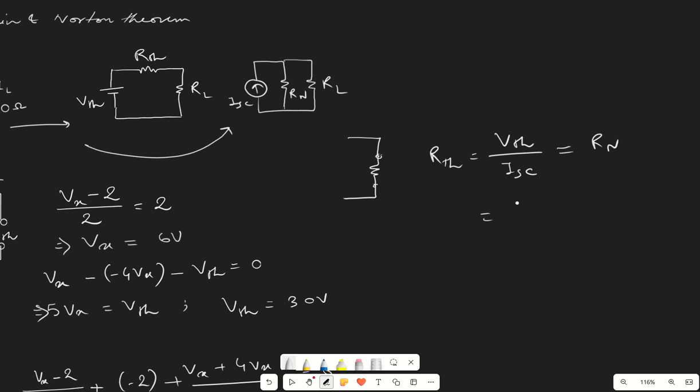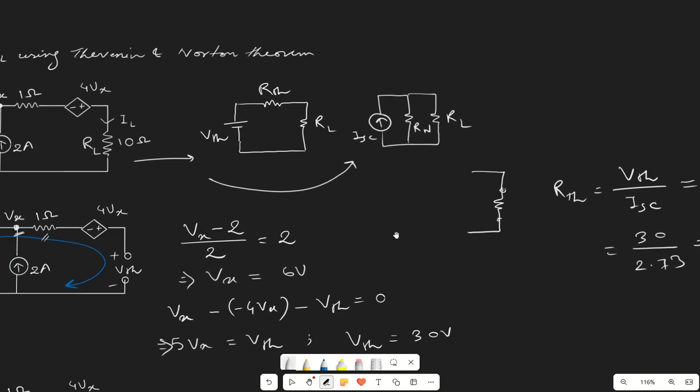So this value will be 30 divided by 2.73, which will come out to be 10.98 ohm.